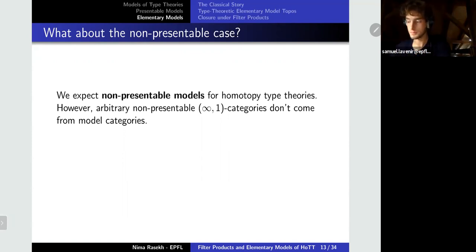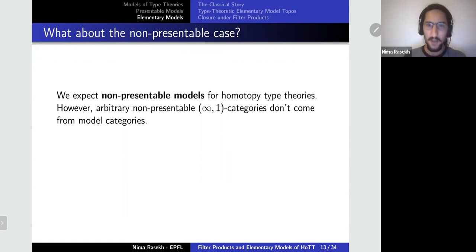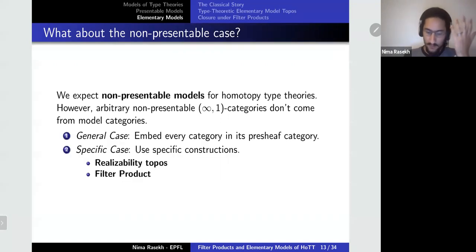Okay, that was a good discussion. So where was I? Aha, so what can we do? How can we tackle this question? One very general option, for example, is to say I can take every category and embed it in its presheaf category.